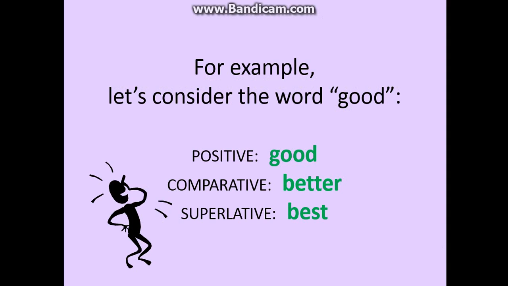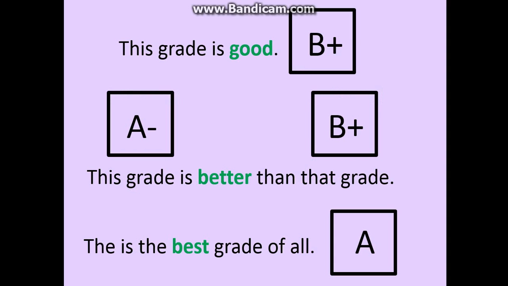But when we want to compare, for example marks, we compare B plus, A minus, and A. In the positive, this grade is good for B plus, and if we want to compare A minus and B plus, we would say that A minus is better than B plus. So the sentence is: this grade is better than that grade, not gooder or more good. So it's an exception for comparative and superlative degree words.